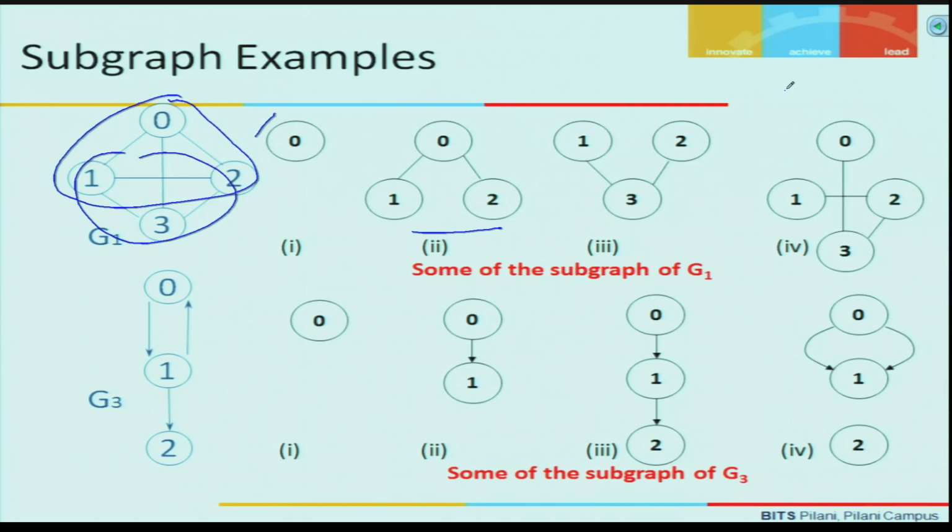Similarly, this also is a subgraph. So, a subgraph is something that you should be able to fit into the main graph. Right. So, this itself can be identified as it is in this graph. Similarly, you can do this for a directed graph. So, this G3 is a directed graph. So, this is a subgraph, whereas this is a subgraph and so forth.